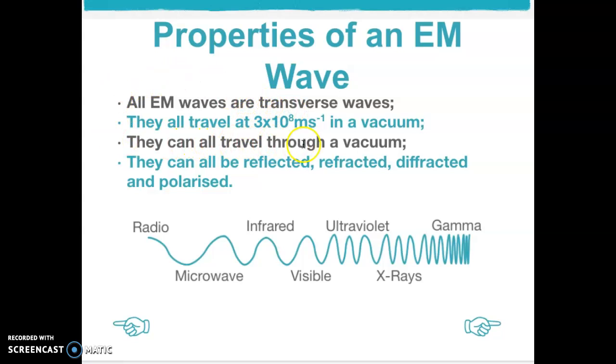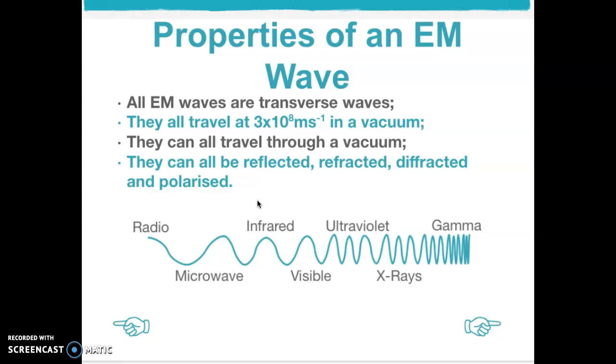They all travel through a vacuum, and that's why it's so important to understand that there are no particles involved. Because if particles were necessary for this vibration to take place, then you would not have radiation traveling through empty space.